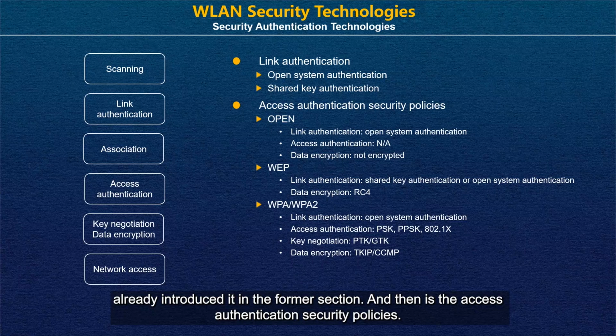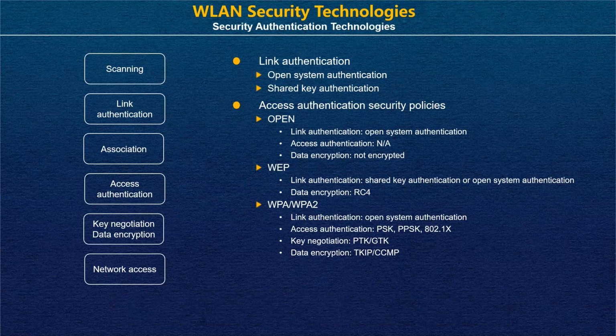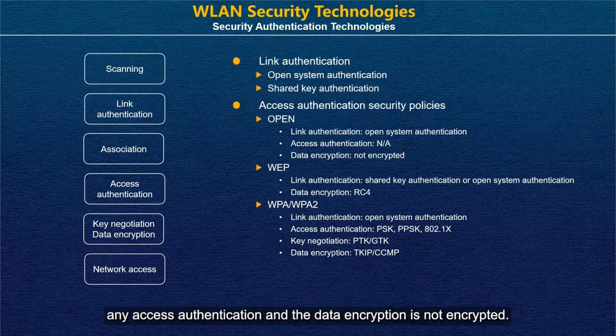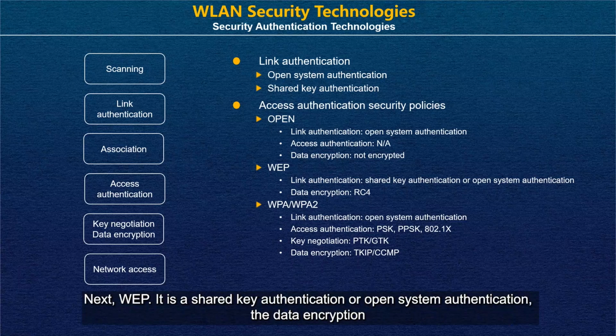And then are the access authentication security policies. First is open, which is open system link authentication, right? It does not offer any access authentication, and the data is not encrypted.